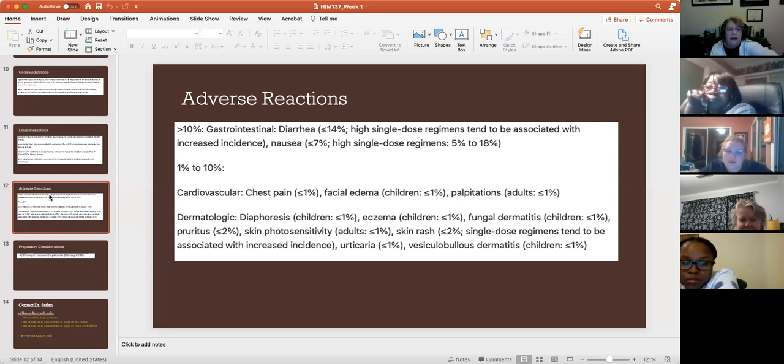The biggest benefit of reviewing the adverse reactions is for you to know that if the patient who's taking the medication is starting to have chest pains and they never have before, it might be a reaction to the azithromycin. And I'm not telling you to stop taking it. No, I'm telling you to pick up the phone and call a doctor or call the medication hotline. So even though it might be 1% diaphoresis, who wants to tell me what that is?